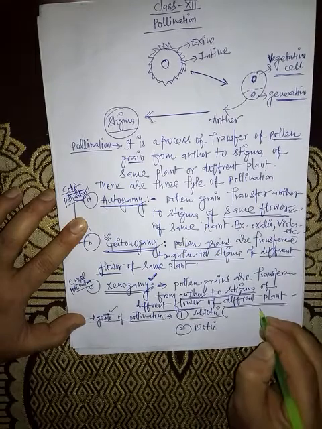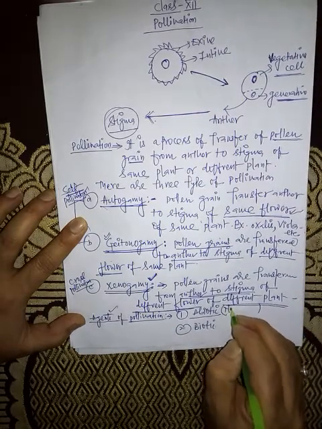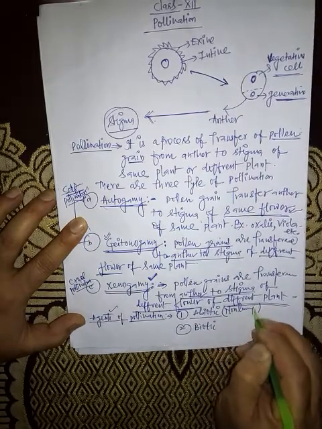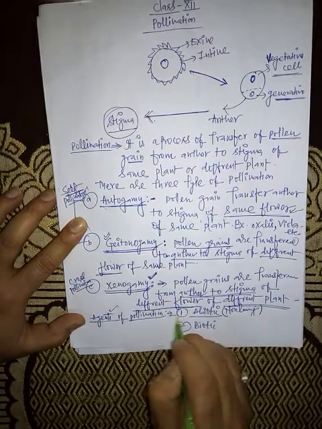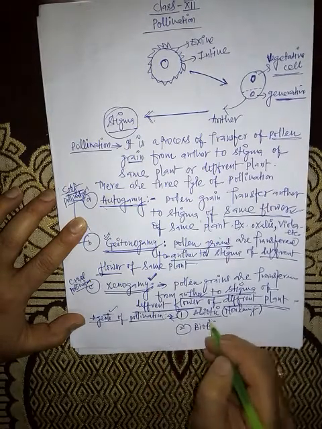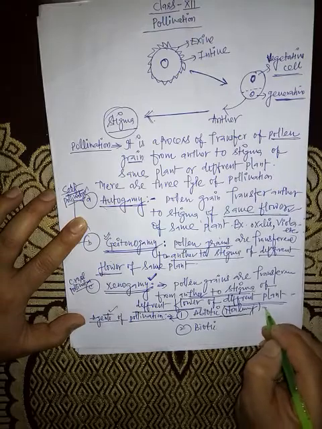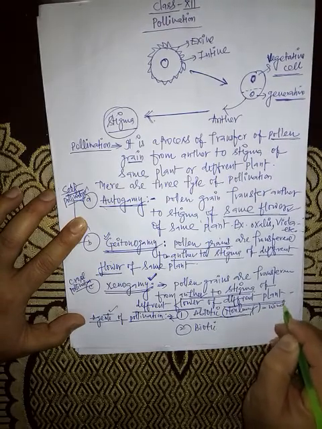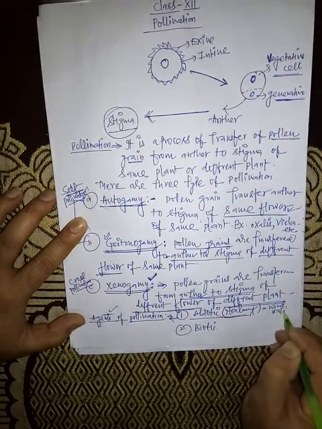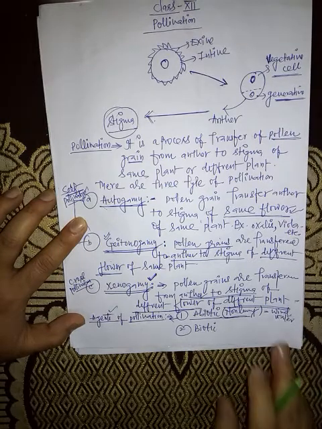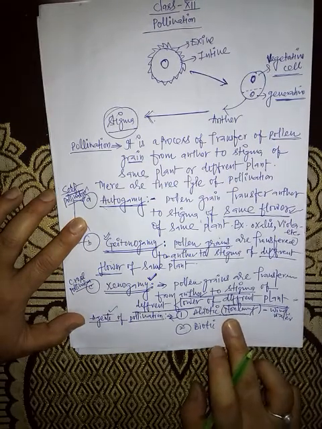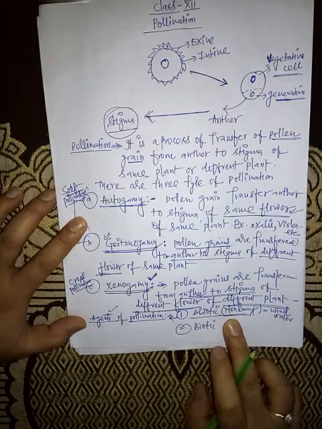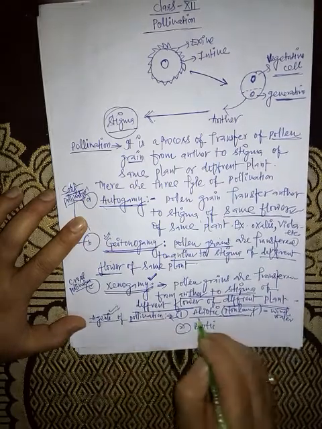Abiotic means non-living things help in the pollination, like wind and water. Both help in the transfer of pollen grain from anther to stigma. So this type of agents are called abiotic.